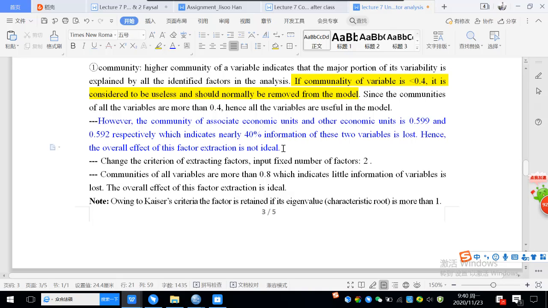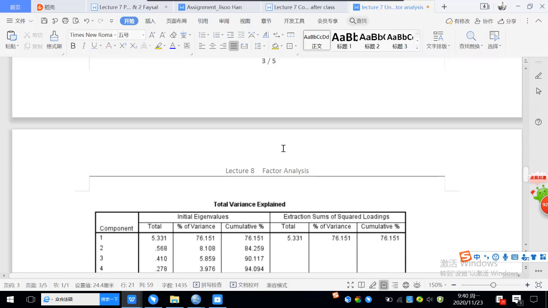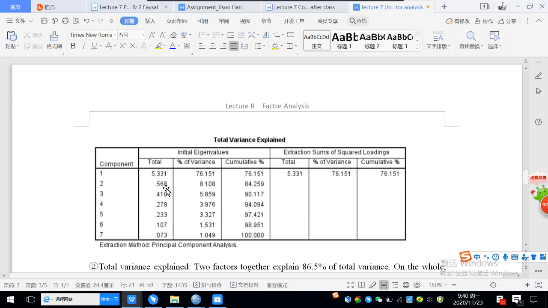So we want to change the criteria. We want to extract 2 factors. Why? Because if we extract 2 factors, then look here, the cumulative will be 84.259%. So that means 2 factors can explain 84.259% of the information of the variables.